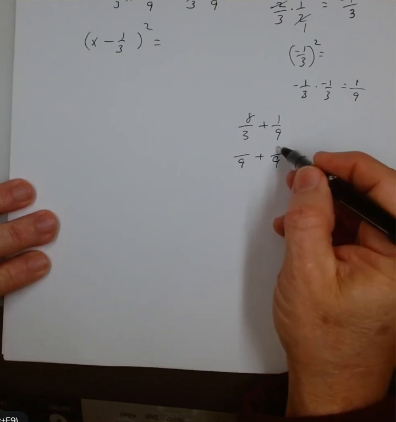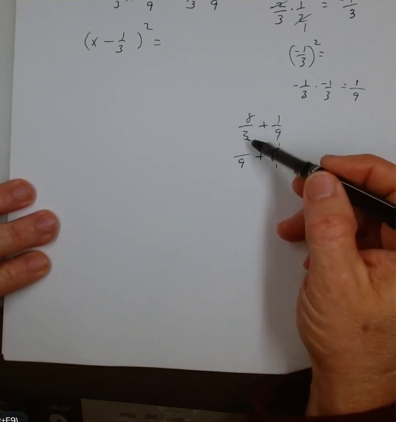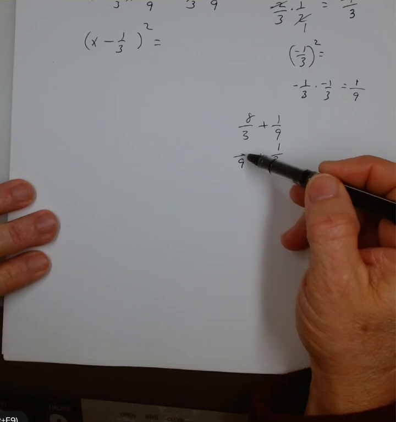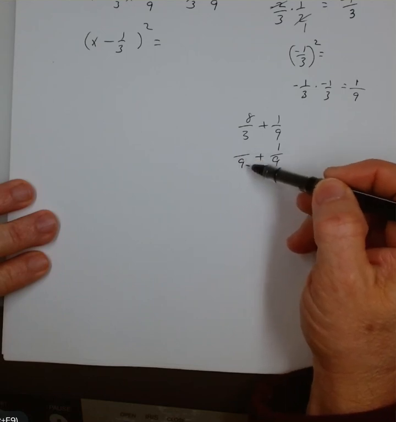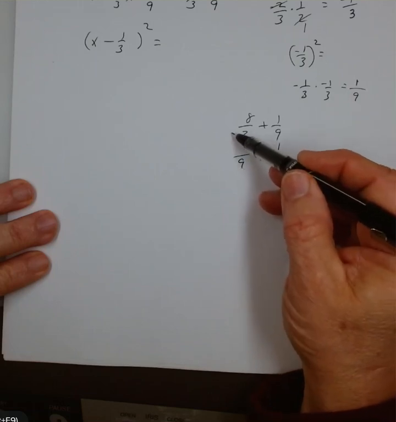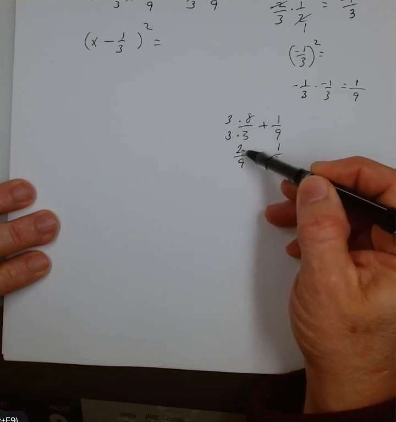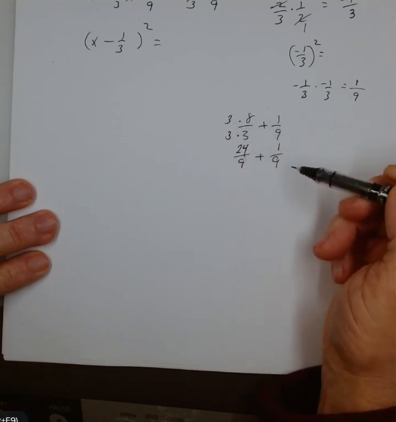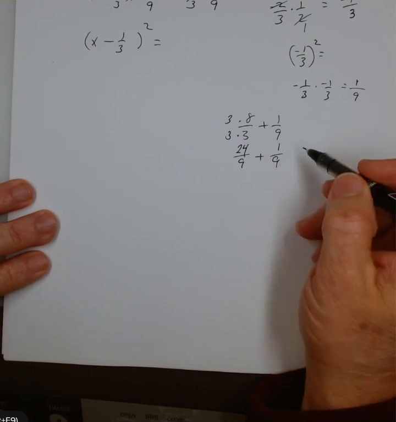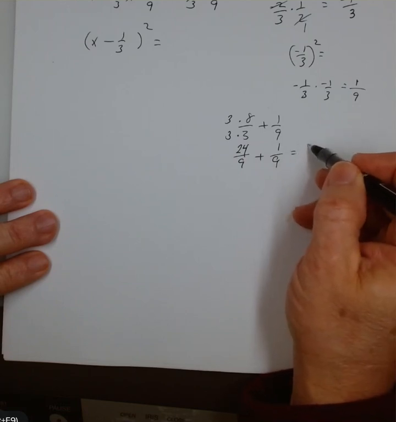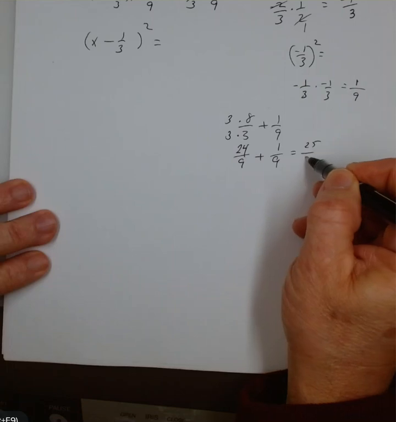And for 8/3, I need the denominator to be 9, right? So 3 times 3, 8 times 3, which is 24. So it's 24/9 plus 1/9, which is 25 over 9.